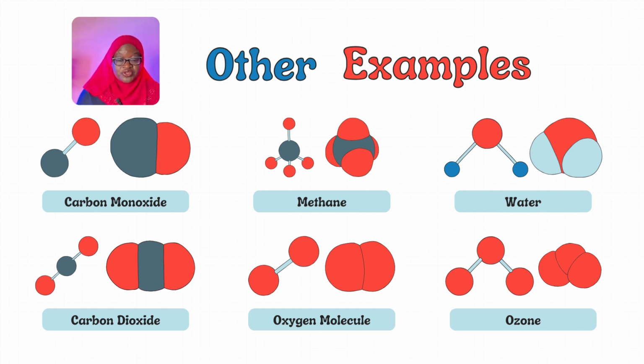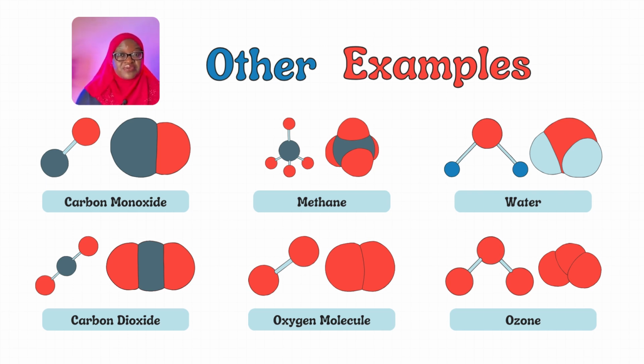So there are numerous examples like that, like we have here: water, ozone, the oxygen molecule that we saw earlier, carbon monoxide, and carbon dioxide. Oftentimes, certificate exams like WAEC and GCSE ask the differences between atoms and molecules.